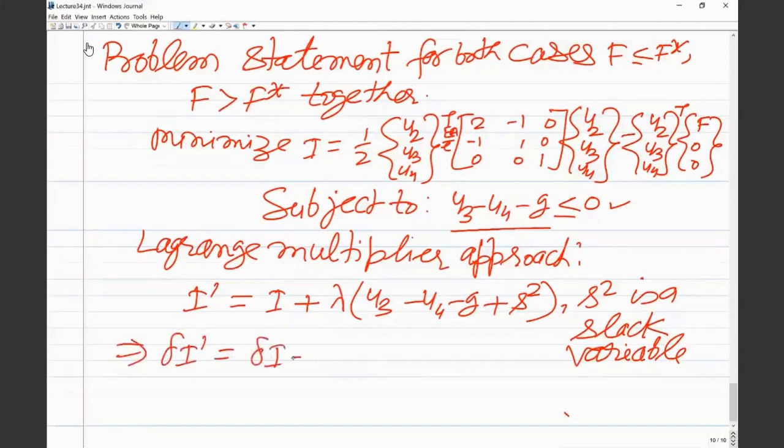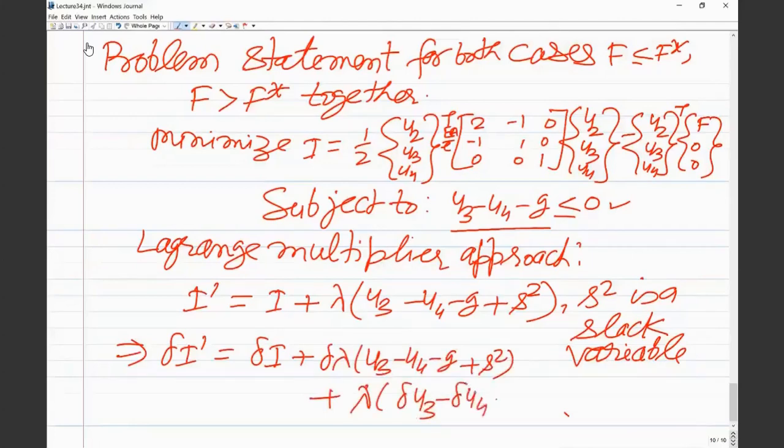So delta I dash would be equal to delta I plus, of course, as we know that the Lagrange multiplier is an unknown, so we will have one term, delta lambda times (u3 minus u4 minus g plus s square), and plus we will have lambda times the variation of the other terms, so delta u3 minus delta u4, and plus we will have s, so s is also an unknown, so we will have 2s into delta s, and this whole thing is equal to 0.